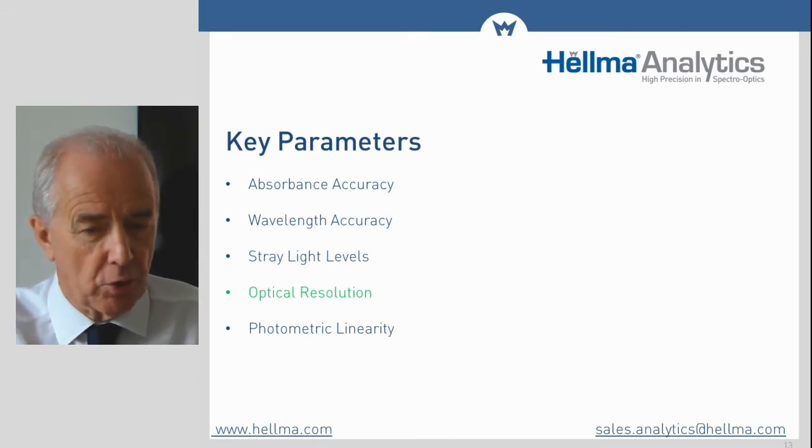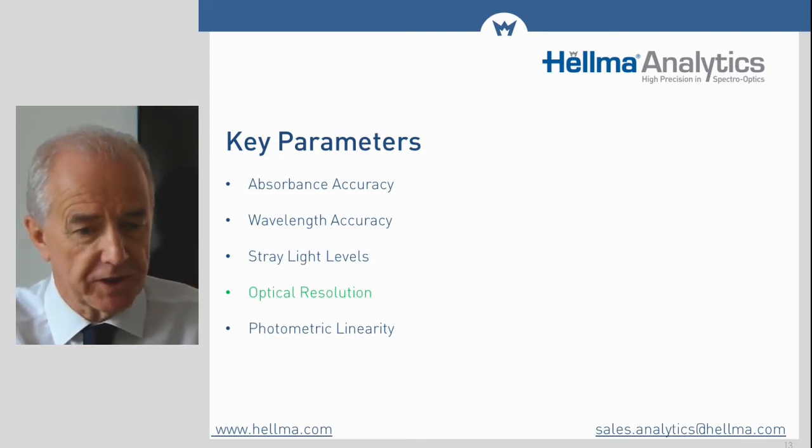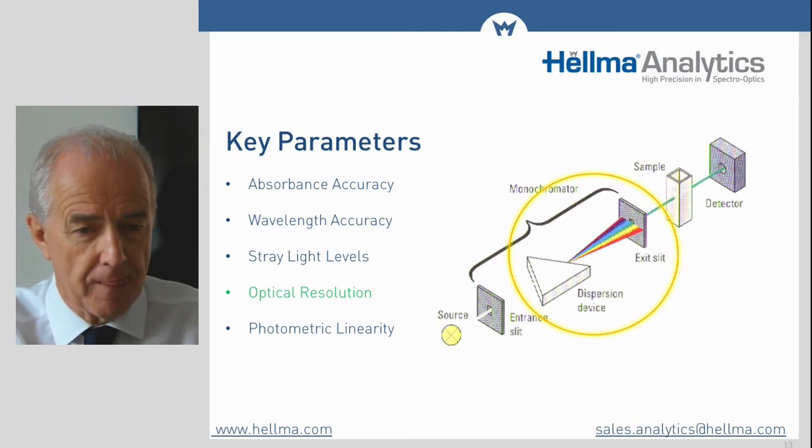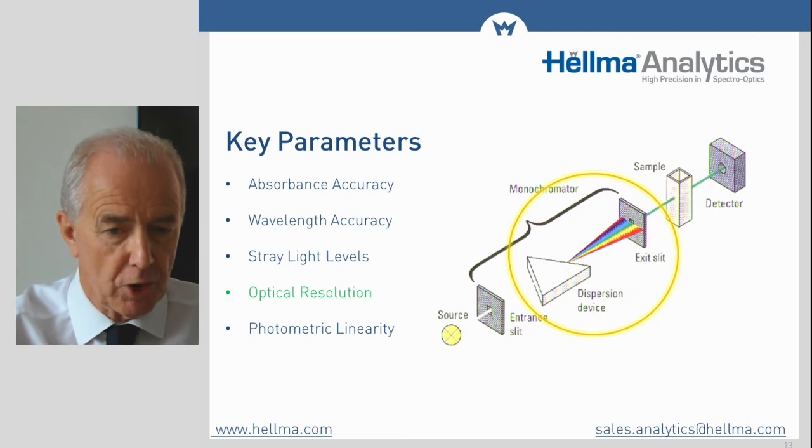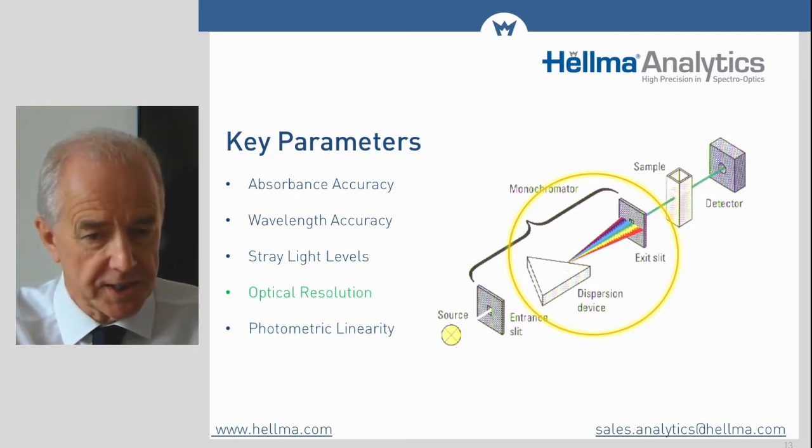Regardless of the type or optical arrangement of your spectrophotometer, there will, by definition, be a dispersion device somewhere. This will break down the light from the source or the sample into its component wavelengths. The optical resolution will primarily be defined by the quality and condition of this device, along with the slit that selects the range of wavelengths allowed to pass through the sample.